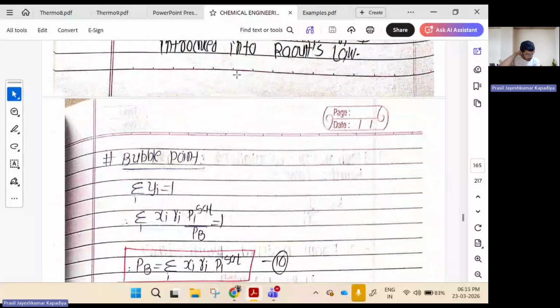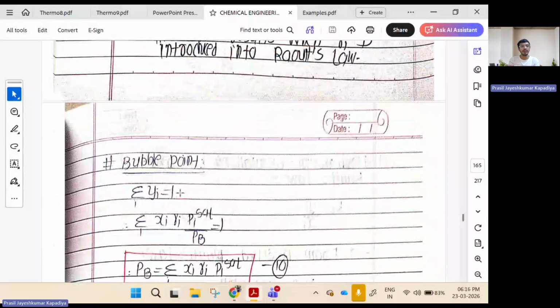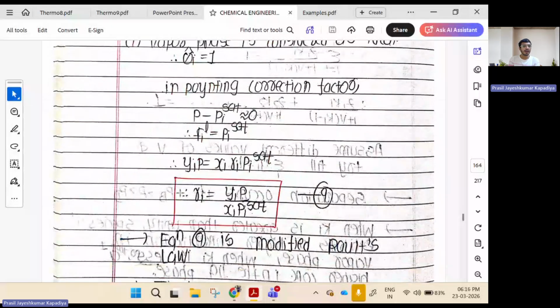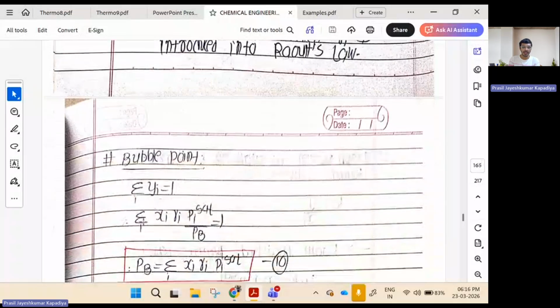Now, for ideal solution, we had the bubble point calculation that PB is equal to summation of Xi into Pi set. We just had a look at that part. Similarly, in this case, how can I find the bubble point? The constraint is summation of yi is equal to 1. Earlier, yi was xi into pi set by PB, which is equal to 1, so I found PB is equal to summation xi pi set.